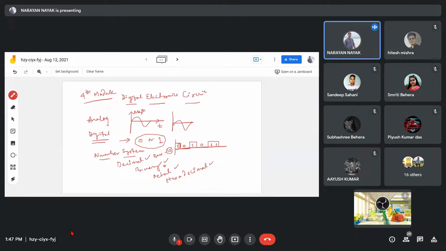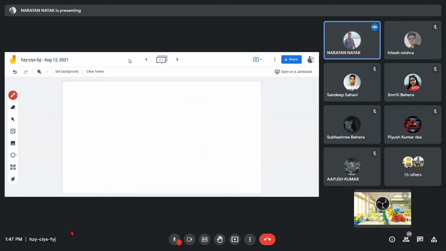If it is binary, the base is 2. If it is octal, the base is 8. If it is hexadecimal, the base is 16. So if we are having the number system as decimal, we consider base 10.